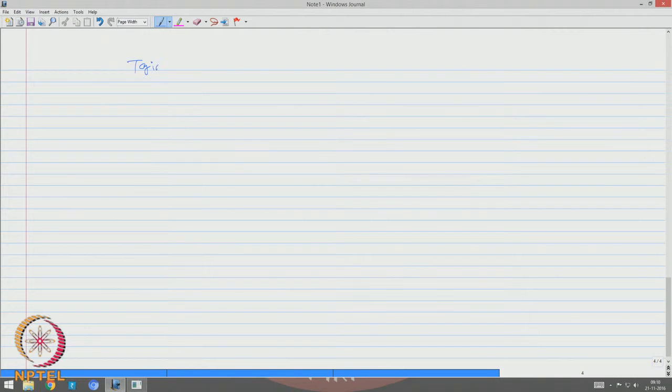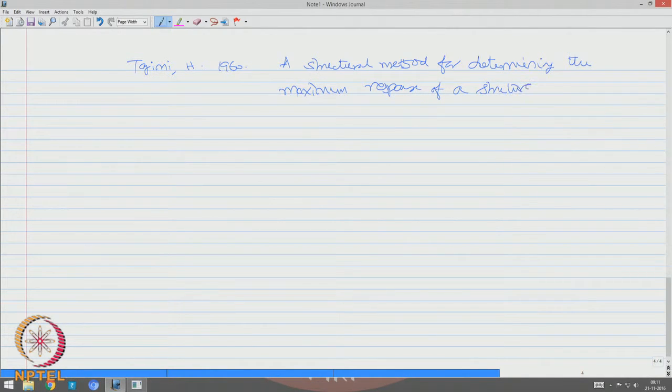Tajimi H, 1960, a structural method for determining the maximum response of a structure during an earthquake.